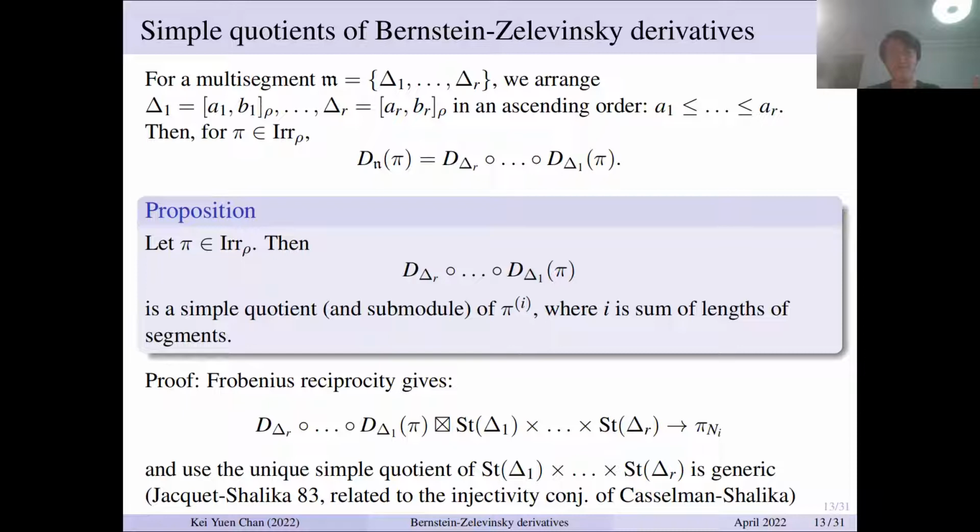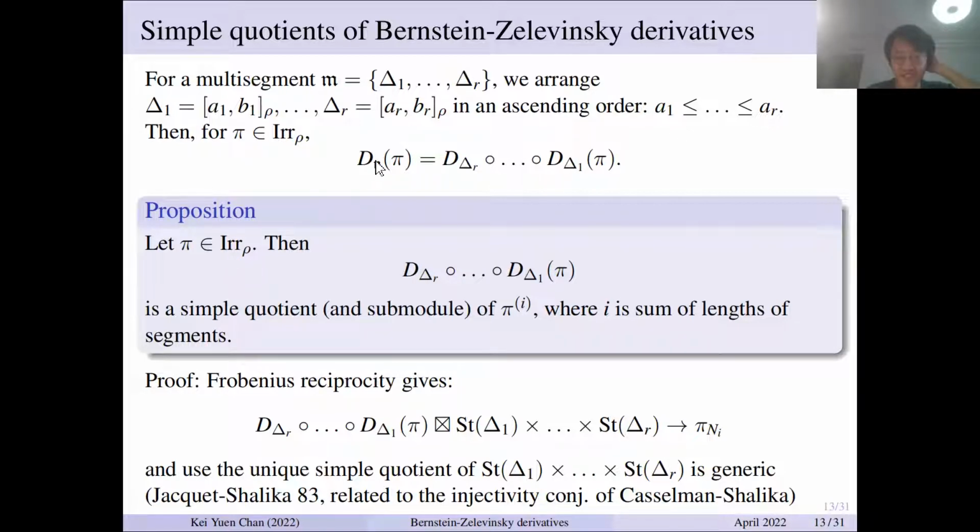A multi-segment means a collection of segments, but each segment can appear more than one time. Then we arrange in ascending order. Just for simplicity, that means your integer values a_1 is less than or equal to a_2 and so on up to a_r.